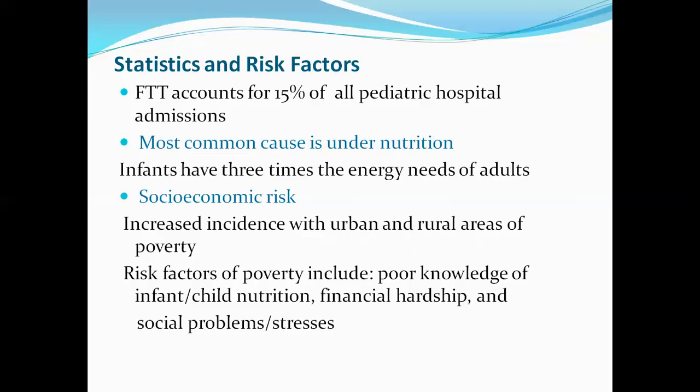Moreover, in our setup, gender is very important. Female babies are more prone to failure to thrive. Risk factors of poverty include poor knowledge of infant and child nutrition, financial hardship, and social problems and stresses.